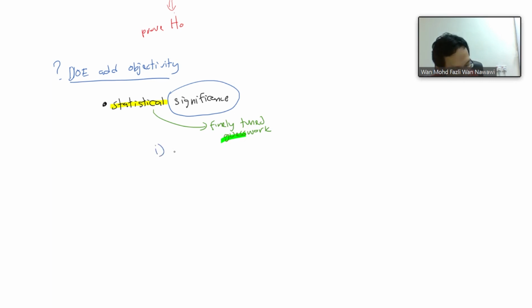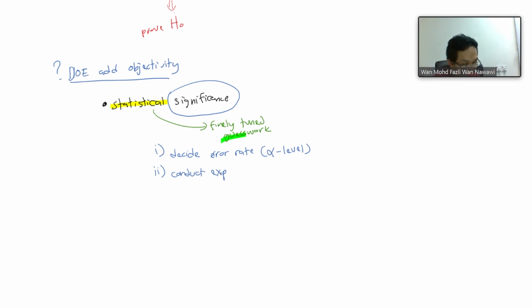You decide the error rate, or in jargon, the alpha level.